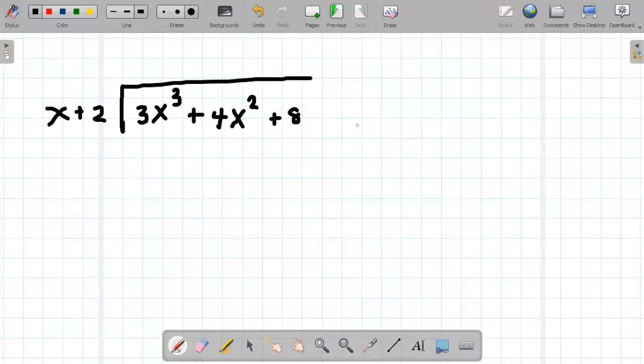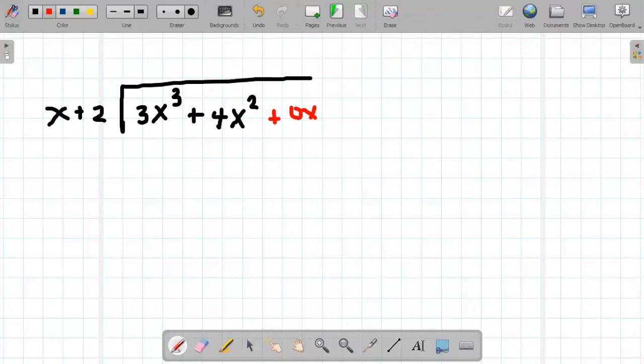For this one, you have to make sure that our exponents are arranged in descending order. So here you have 3x cubed, 4x squared, but we don't have the x term, and then there's the constant after. Because we don't have the linear term, the one with the x, we can't yet place the positive 8 there. We write plus 0x.